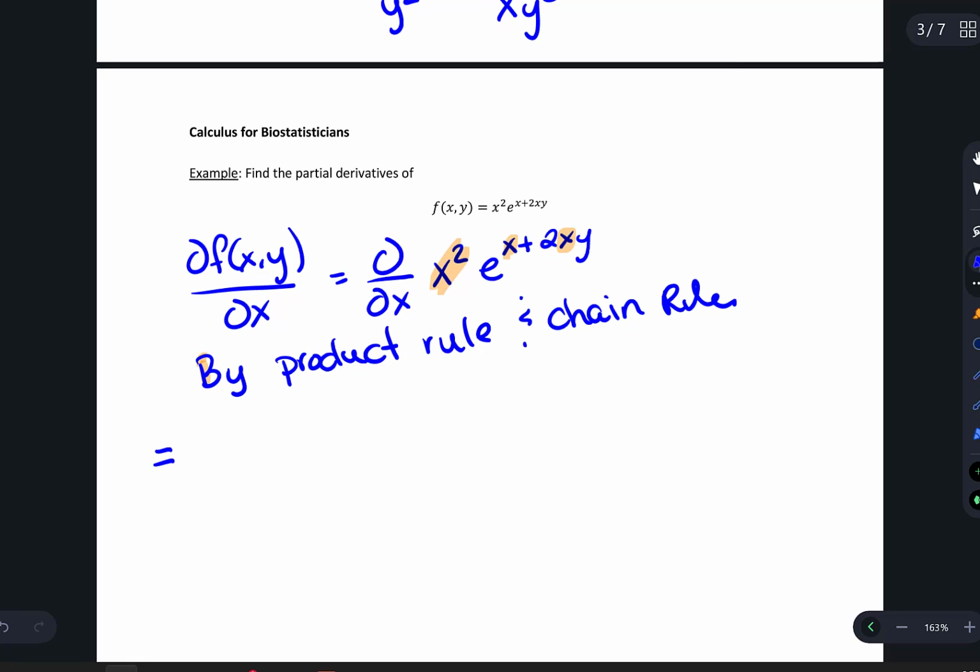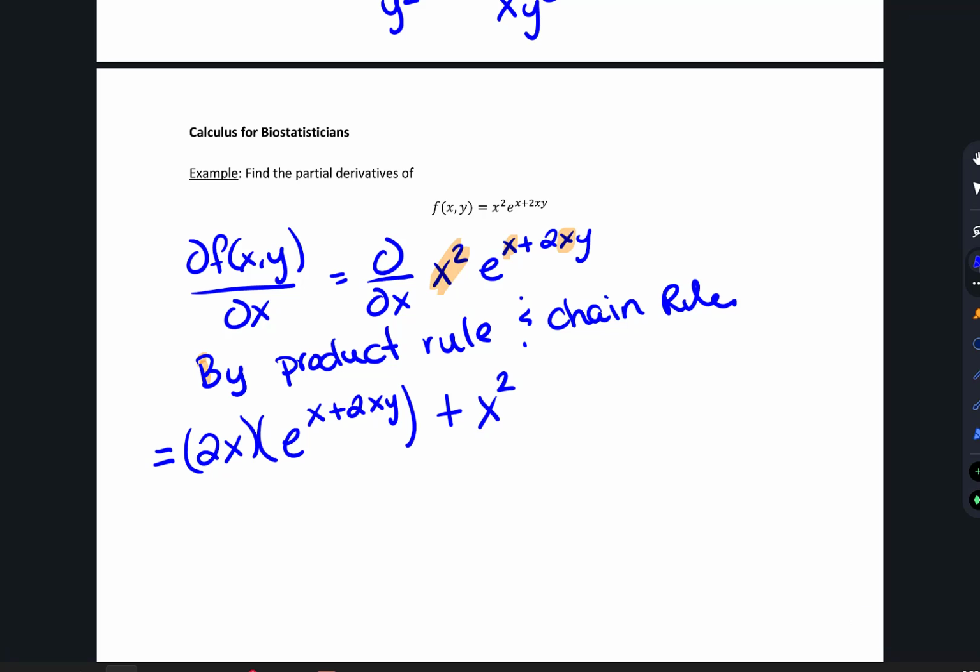Looking at the first term here, I have x squared. If I take the derivative of x squared, that's going to be equal to 2x, and then I multiply that by the second function. Applying that product rule, plus the first function times the derivative of the second function. My second function is e to the x plus 2xy, and we know the derivative of e to the x is e to the x, but then I need to multiply by the derivative of the inner function, which in this case is x plus 2xy, and I'm taking the derivative of x plus 2xy with respect to x.